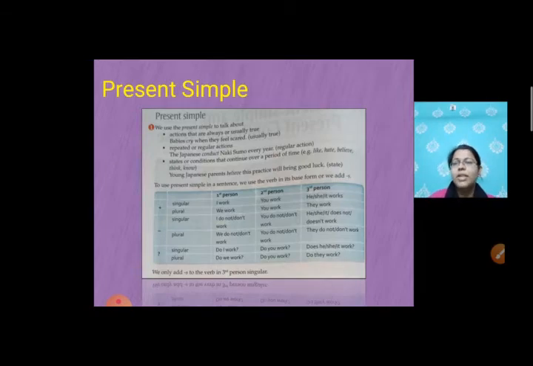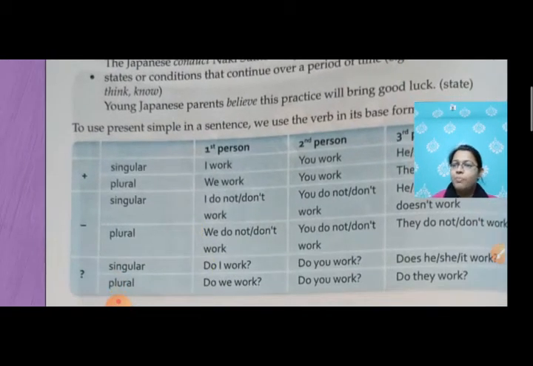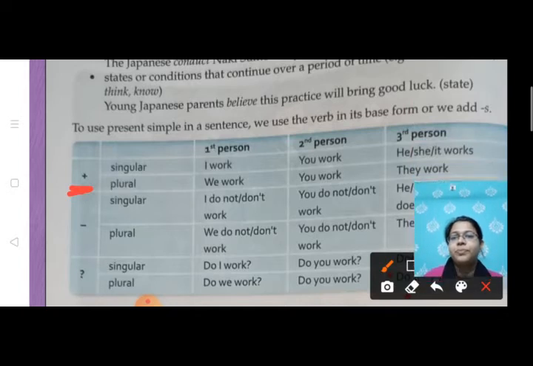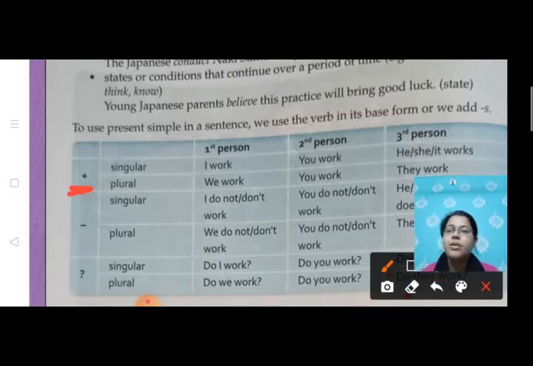So students, now let's learn how to make a positive, negative and a question in the present tense. Let's see how to make a positive sentence first. When we are making a singular sentence, for the first person we write I work. For the second person, we write you work.